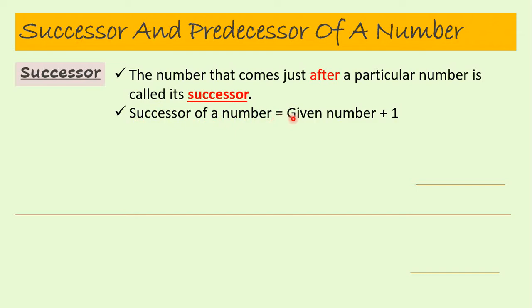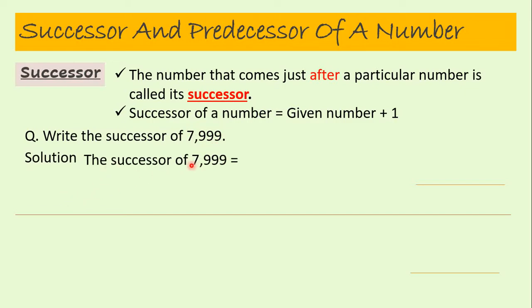Successor of a number equals to the given number plus 1. So let's take a question and understand. Write the successor of 7999. So how to get the successor of this number? We know successor of any number equals to the number which has given to you plus 1.